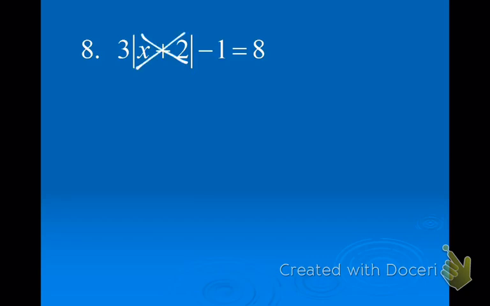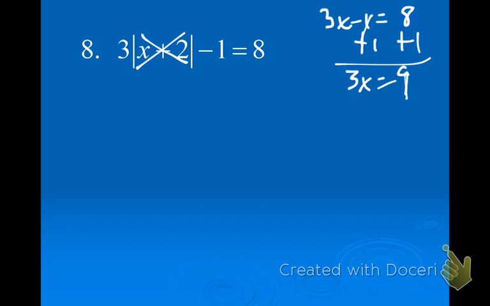So I'm going to create a parallel equation. I'm just going to take the absolute value out of it and replace it with an x. So on the right-hand side, what would you do first to solve that equation? Yeah, you would add 1 to both sides, right? So 3x would equal 9.